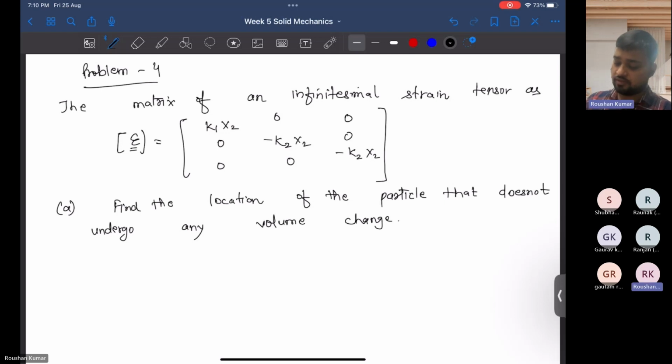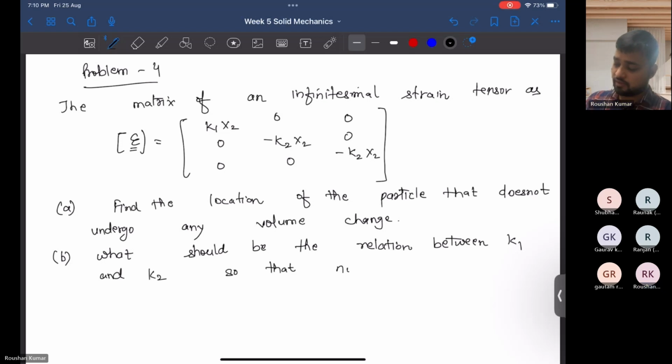And the next question is, what should be the relation between k1 and k2 so that no element changes its volume.